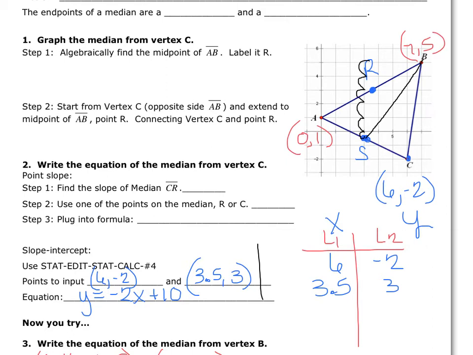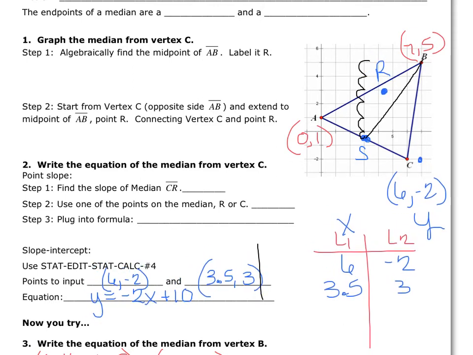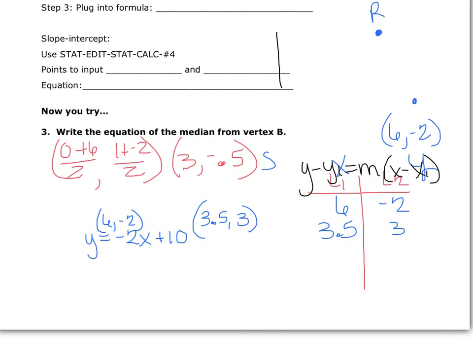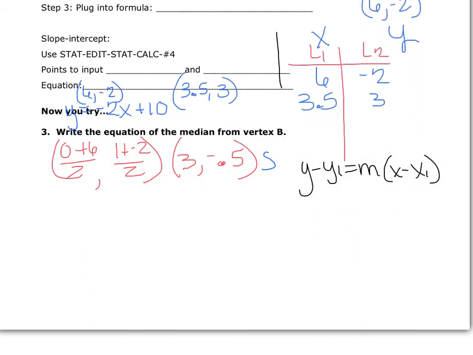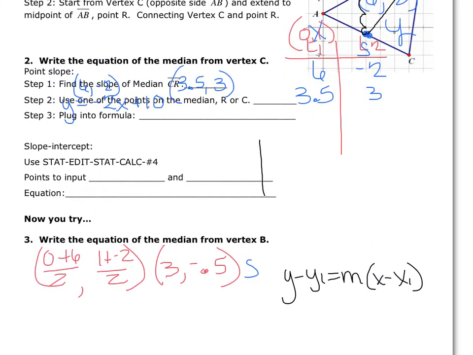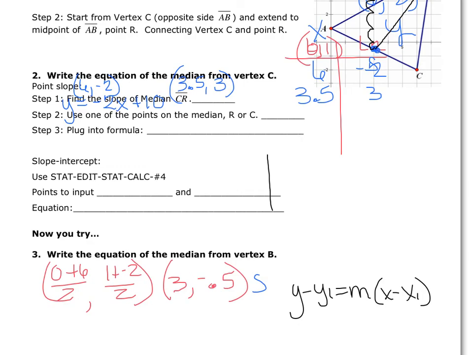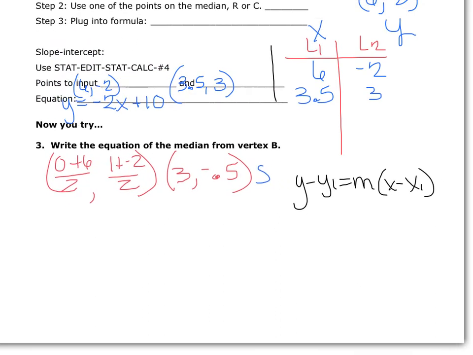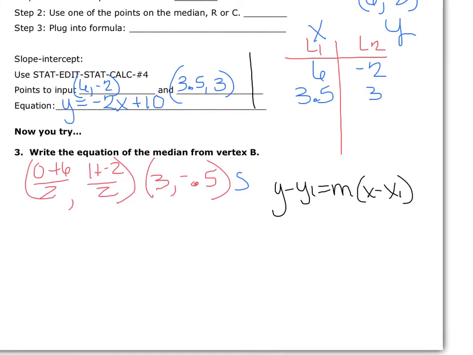Then we're going to go over 1, 2, 3, 4. So up 5.5 over 4.